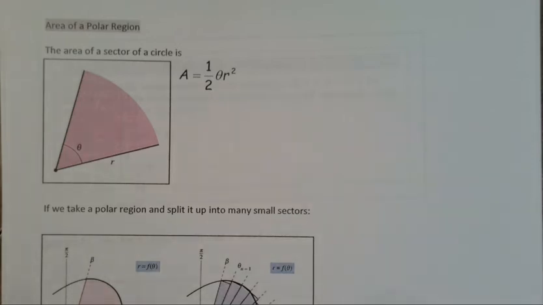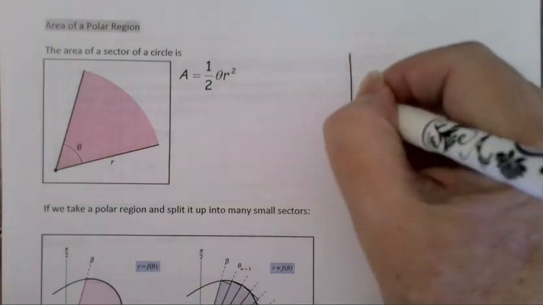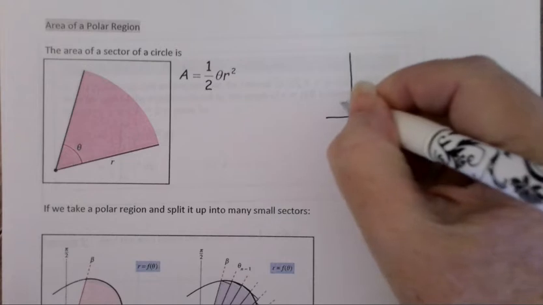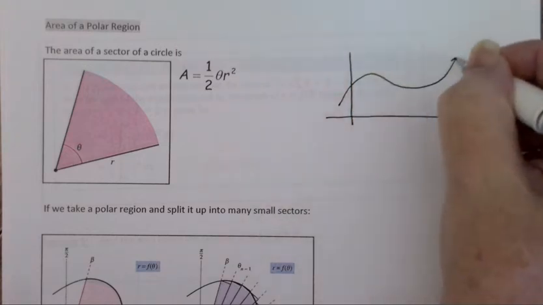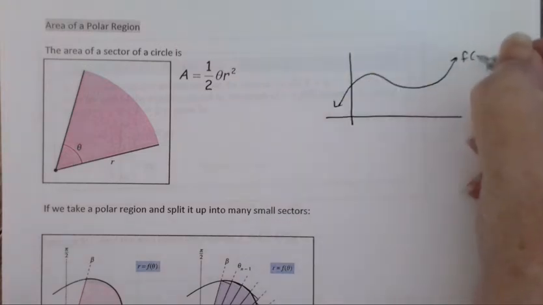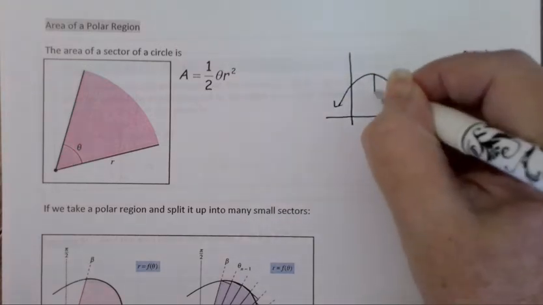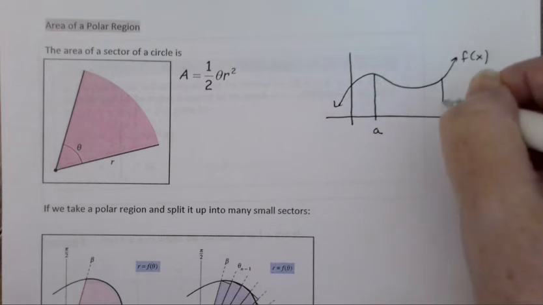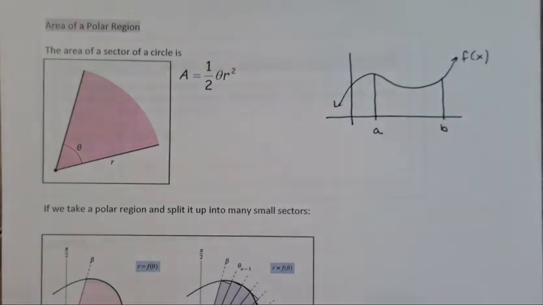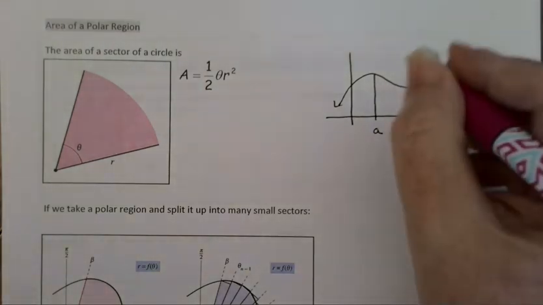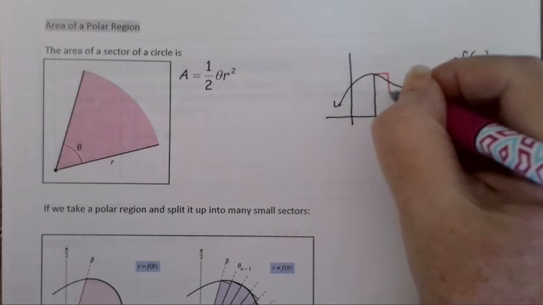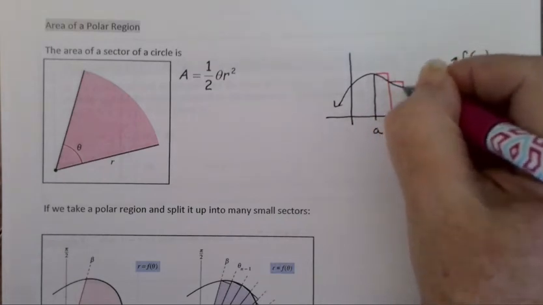But here's the difference. With a rectangular function, remember how we started? If we wanted the area under some graph f of x between, say, x equals a and x equals b, what we did was we essentially split it into a bunch of little rectangles, right? Those approximating rectangles.